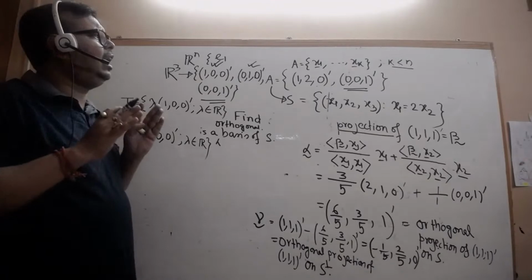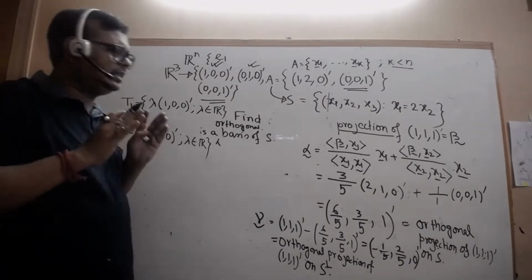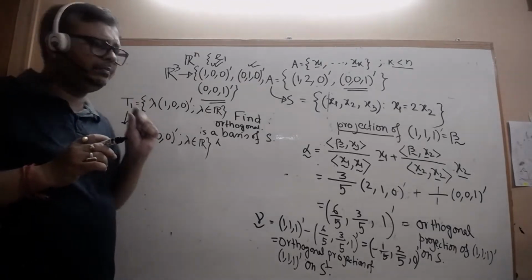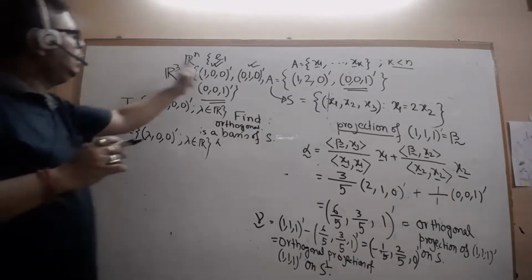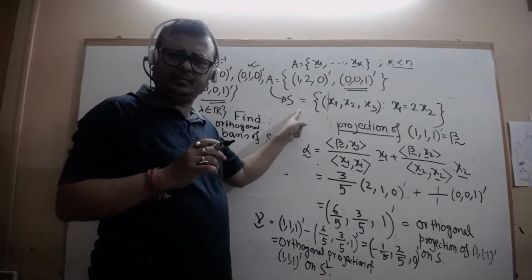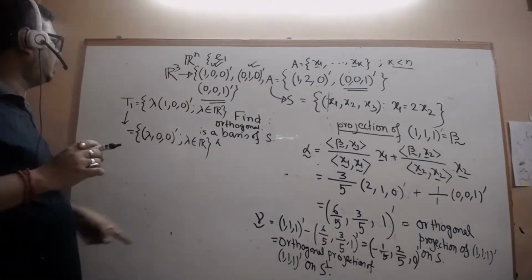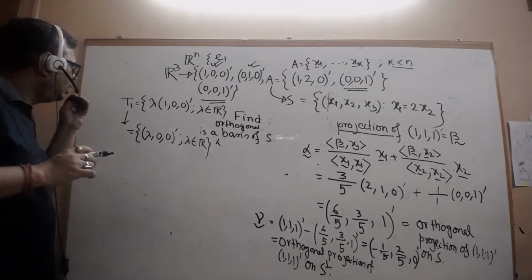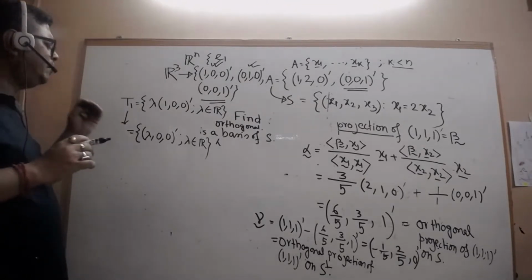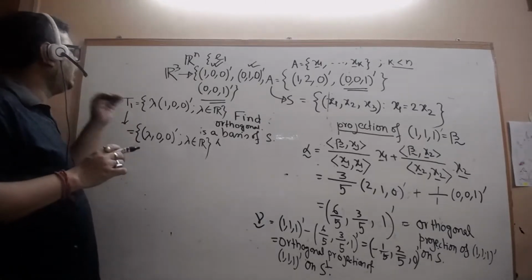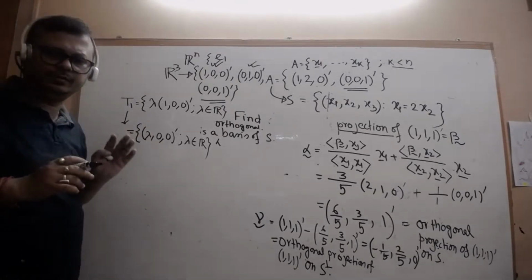If E1 can be written as a linear combination of x1 to xk, this means E1 belongs to S. So you cannot take E1 as one of the vectors of the basis of T1.